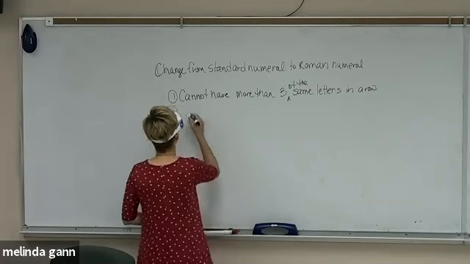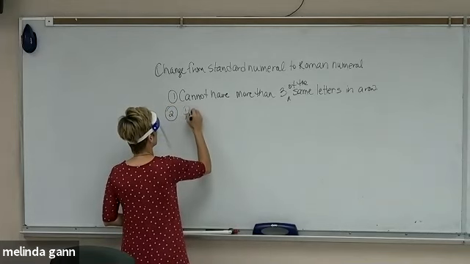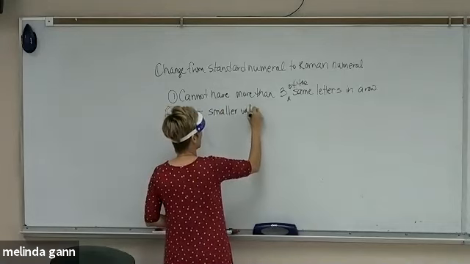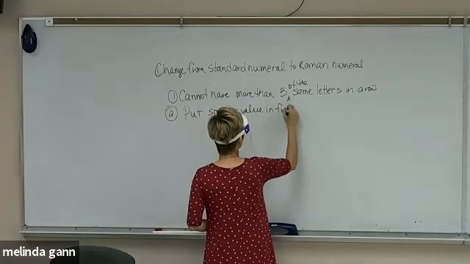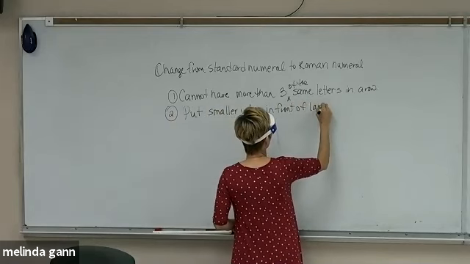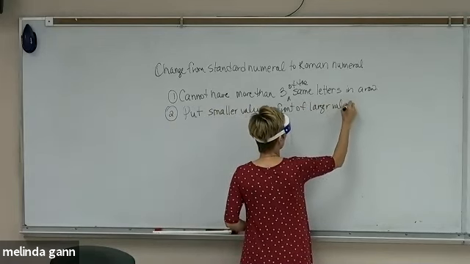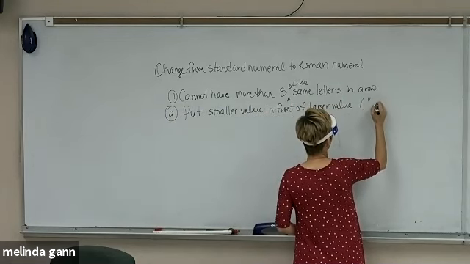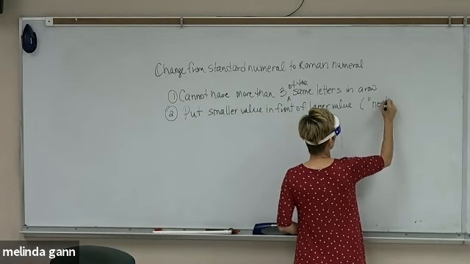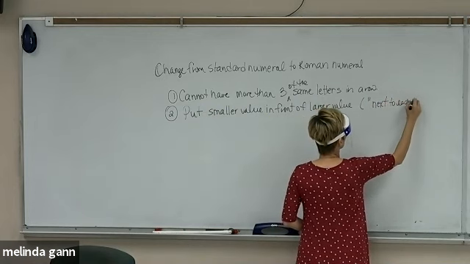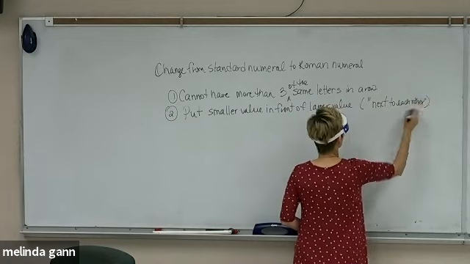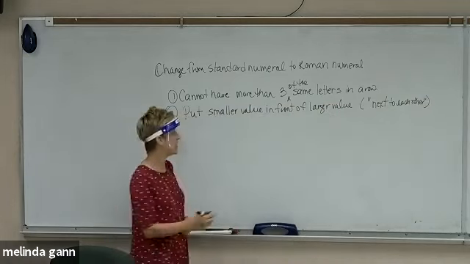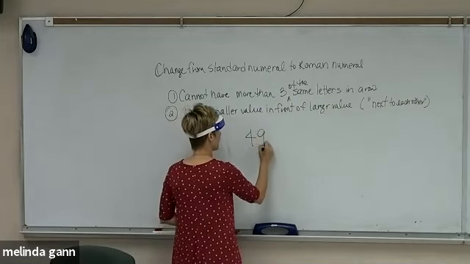So in other words, when you put a smaller value in front of a larger value, they need to be kind of, in parentheses, next to each other or in line. I'll show you what I mean in a second. Here's what I mean. They're not going to do this. 49.